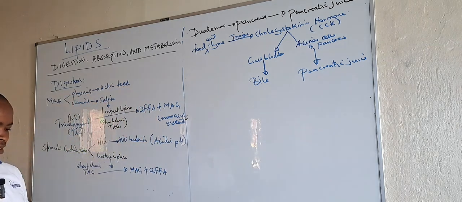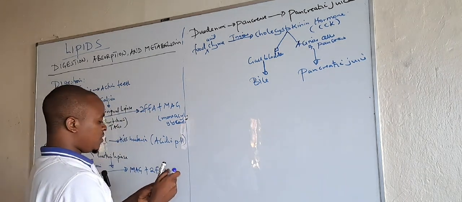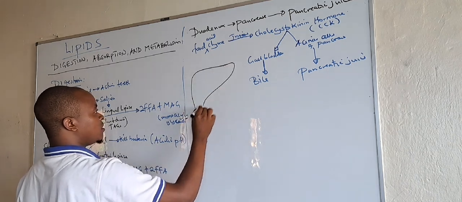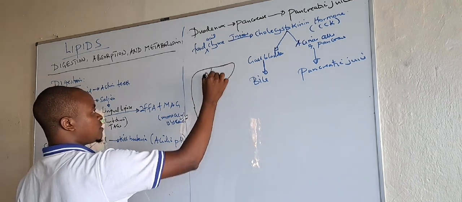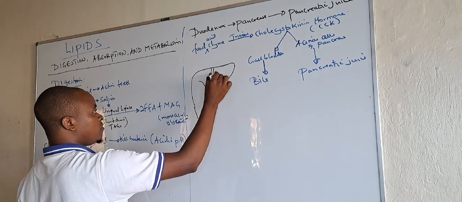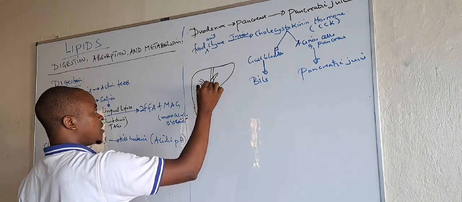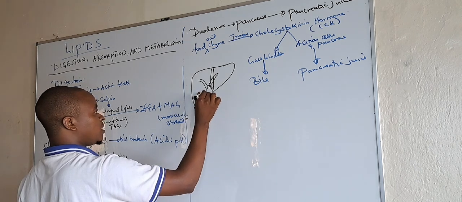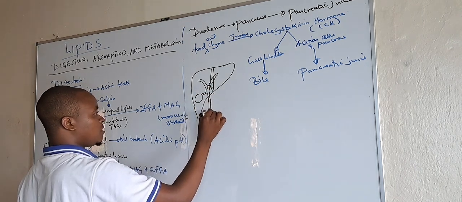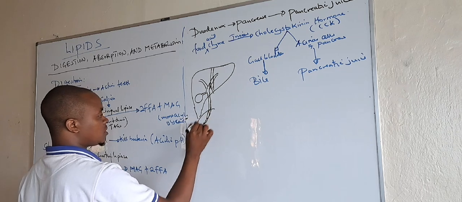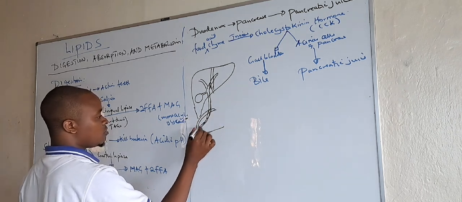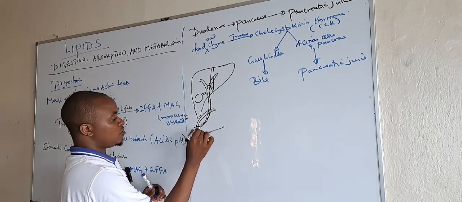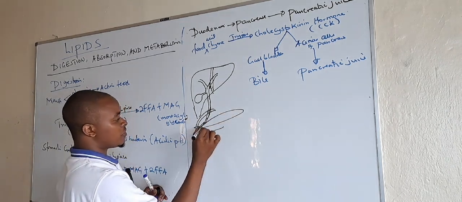As we normally see, if this is my structure of the liver, in the liver we have the falciform ligament, then we have the left hepatic and the right hepatic ducts meeting at the gallbladder. Then it joins into the bile duct, and the bile duct joins the duodenum at the junction known as the ampulla of Vater, and at this ampulla of Vater, we also have our pancreas connecting.